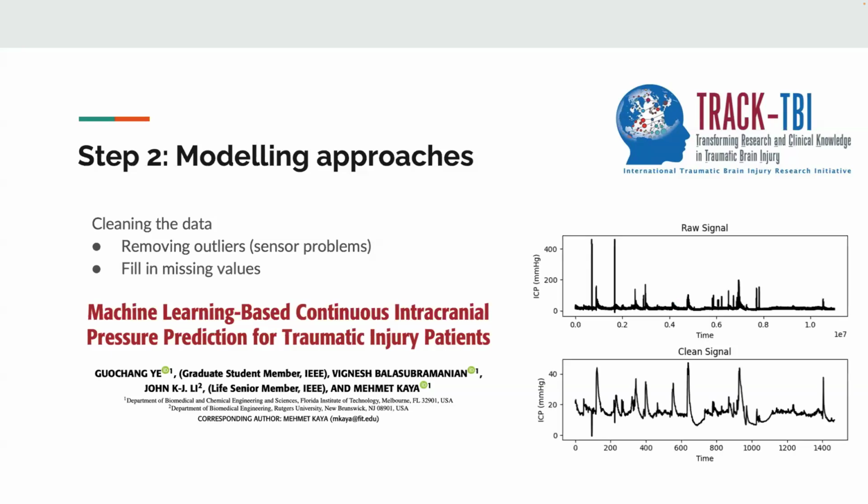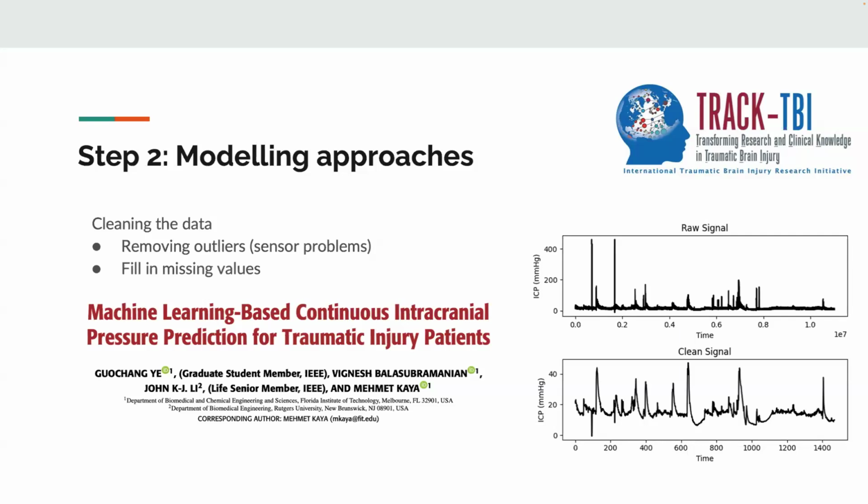So now let's have a look at if it actually works. This is just one example, for one patient, where on the top we see the raw signal, and at the bottom we see the clean signal. You can see that at the top, the ICP range is between 0, maybe even minus, and maybe 450. And we know that these values are not reasonable. Let me say again, I don't have a medical background, but when I spoke to the people at Moberg, we decided that a good range would be between 0 and 80.